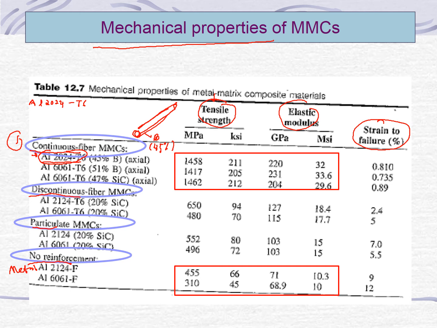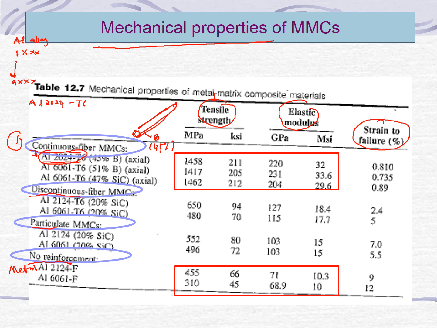For your information, there is a classification or designation of aluminum alloy, from 1000 series to 9000 series.